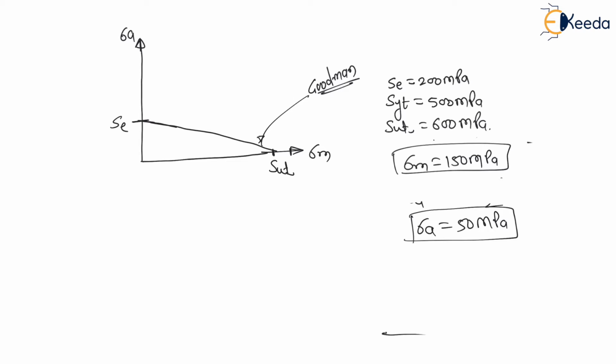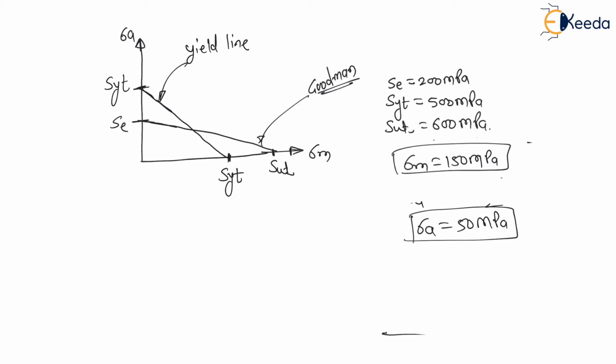And my dear students, again we are drawing the yield line, that is, if I draw SYT on the y-axis as well as the x-axis, and draw this line, then this SYT line is called the yield line, right? The modified Goodman diagram is the common region between the yield line and the Goodman line.